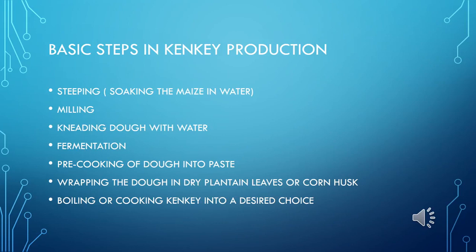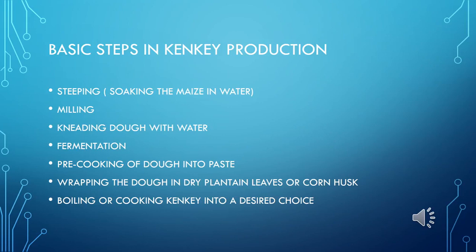During this process, the kenkey or the dough is allowed to ferment. In our previous lesson, we said fermentation is the process of converting carbohydrate to alcohol using microorganisms such as yeast, bacteria, under certain conditions.